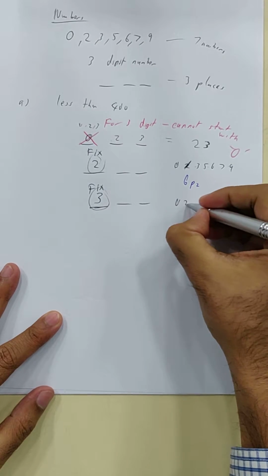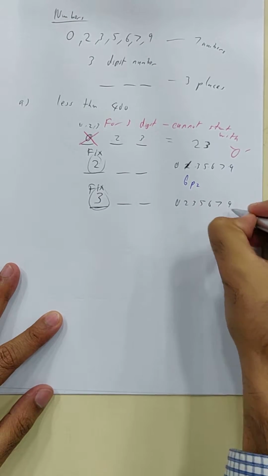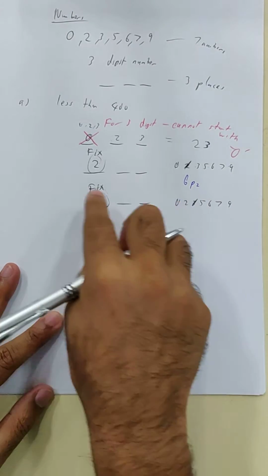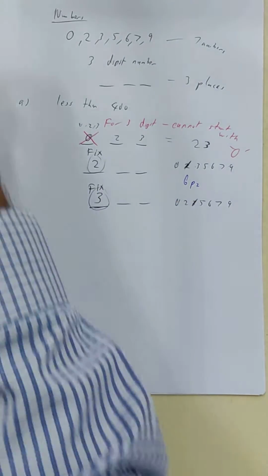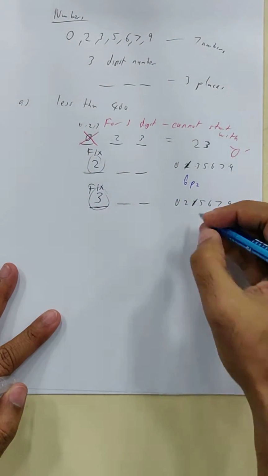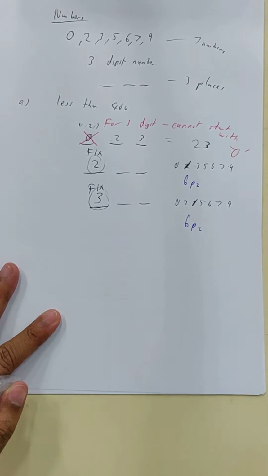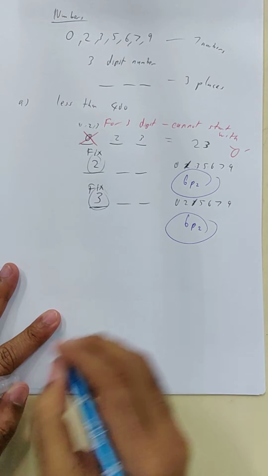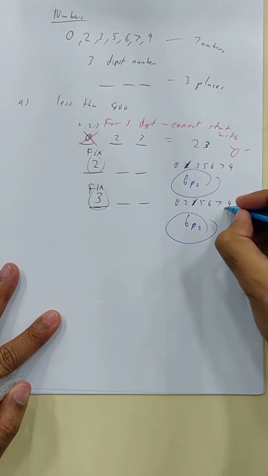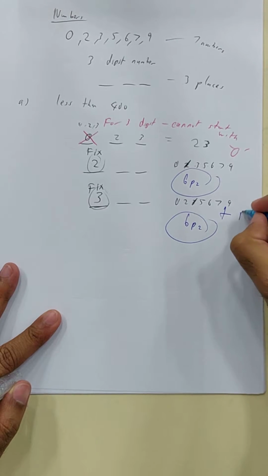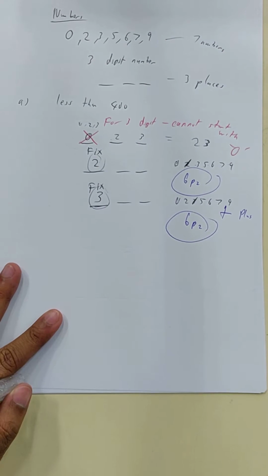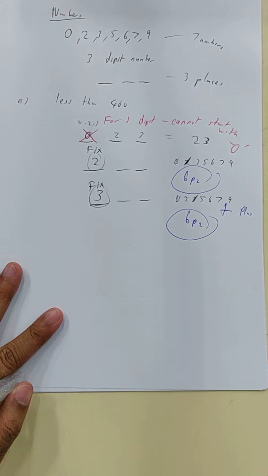Same goes for the second one. I got 0, 2, 3, 5, 6, 7, 9. I have started with 3. I have fixed my 3. I got 6 numbers left. I have 2 places, so that means 6P2. How do I connect these two? Plus, not times. It's 2 different cases. Okay?